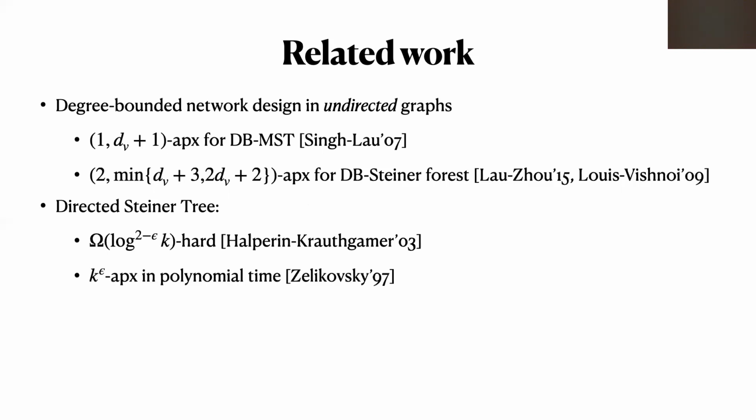And the current best approximation ratio by polynomial time algorithms is k^epsilon, where the running time is related to epsilon. This is a very old result by Zelikovsky in 1997. Usually we can think k is of the same order as n, so this is essentially a poly n factor approximation.